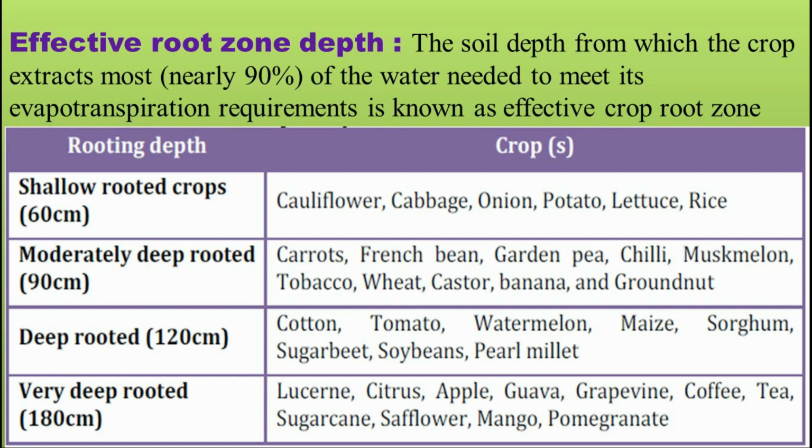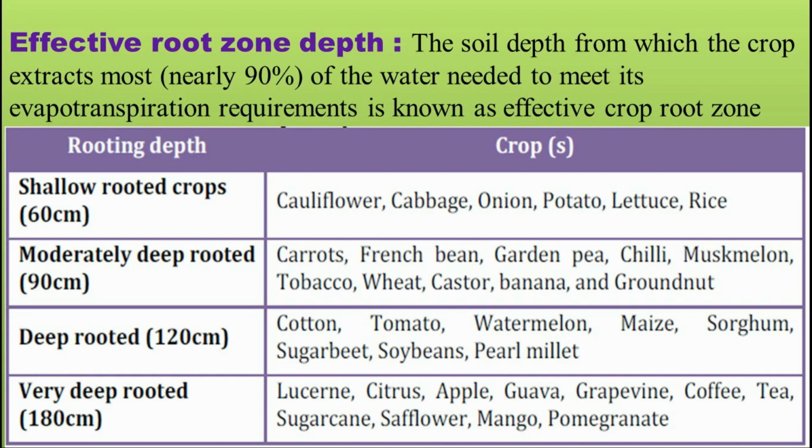Please remember these crops, because they are very important in the question. Moderately deep rooted means up to 90 centimeters: carrots, French beans, garden pea, chili, muskmelon, tobacco, wheat, castor, banana and groundnut.